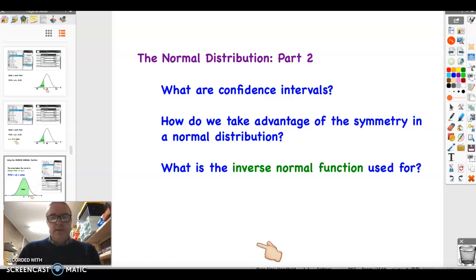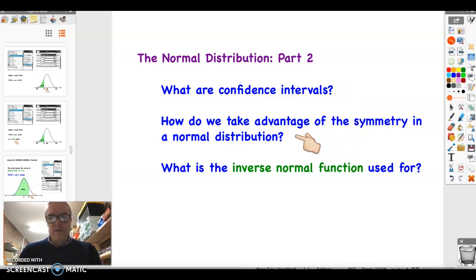So that completes the second part of this topic of the normal distribution. We've got one more part to go. In this lesson we've talked about the confidence intervals, 1 standard deviation, 2 standard deviations, 3 standard deviations above or below the mean. We've talked about the symmetry of the normal distribution.